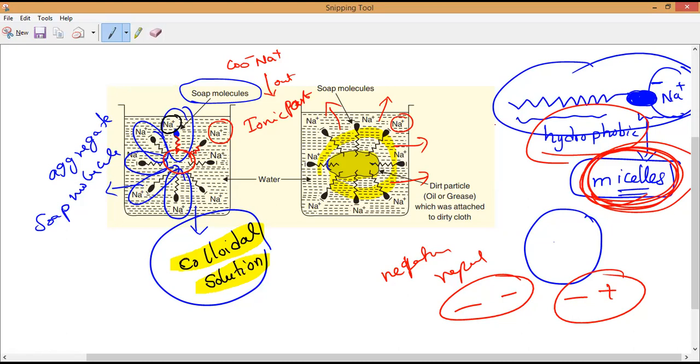That is why some stains cannot be removed by some soaps.